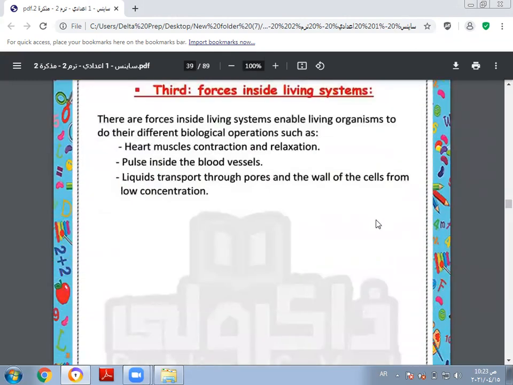The third type is forces inside living systems, or the biological forces. There are forces inside living systems that enable living organisms to do their different biological operations. I divide the forces in living organisms into simple systems such as unicellular, composed of only one cell, or complex systems such as multicellular living organisms, where the body consists of many systems.